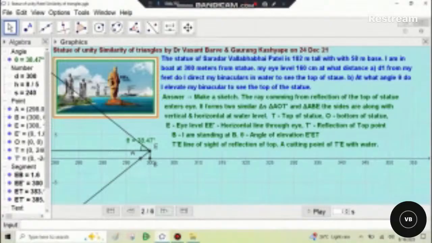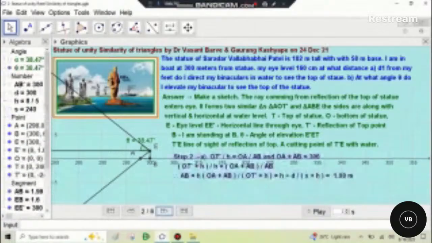This right angle triangle, we know this distance, we know this angle, and therefore we can find out this particular height. To that we add this and then get the total height. Okay, so this is what is happening. So I will put that also.